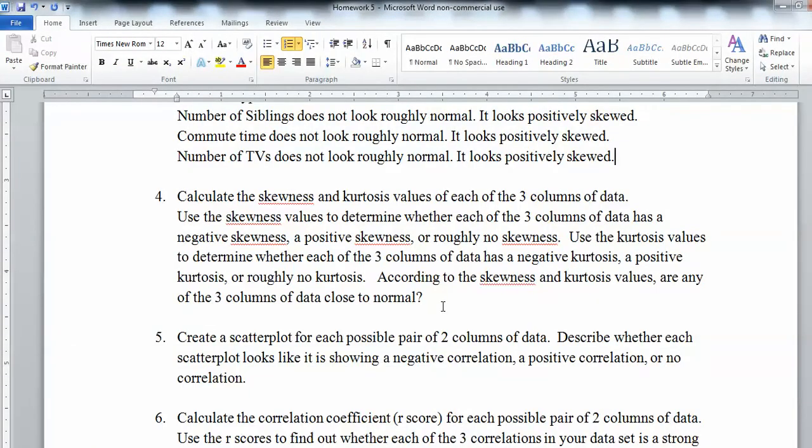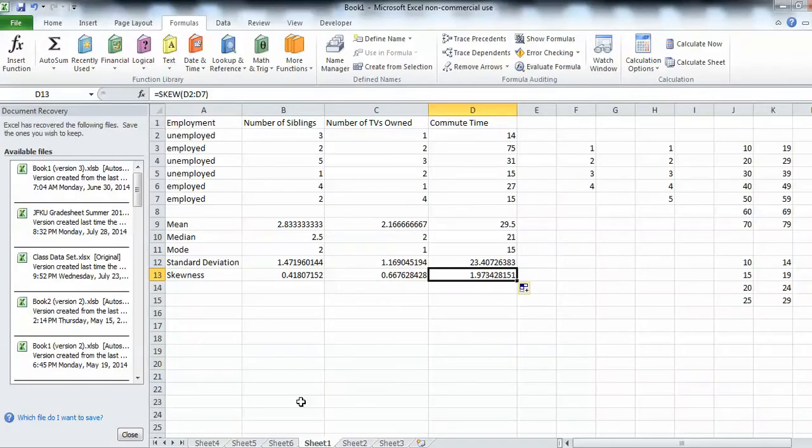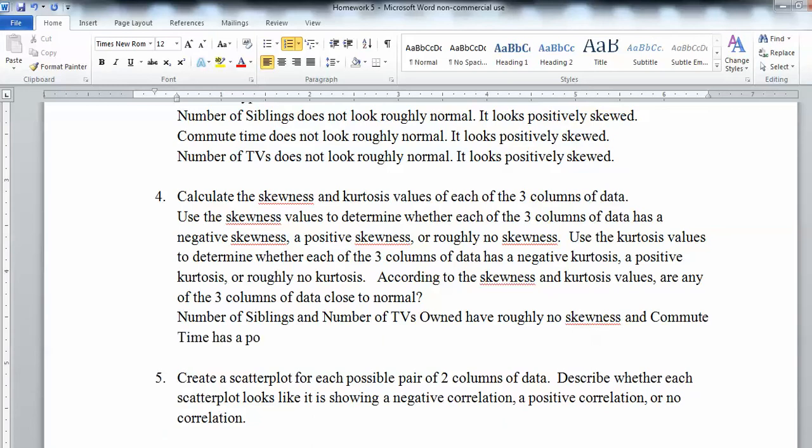So I would say number of siblings and number of TVs owned have roughly no skewness, and commute time has a positive skewness.